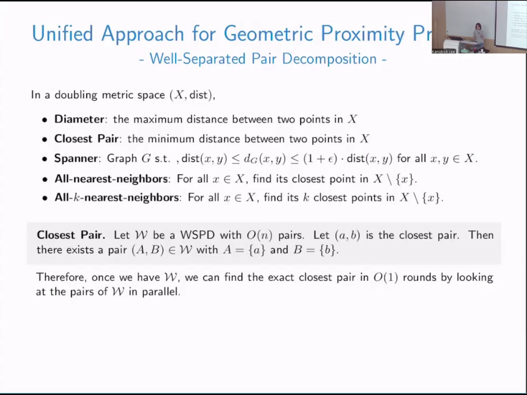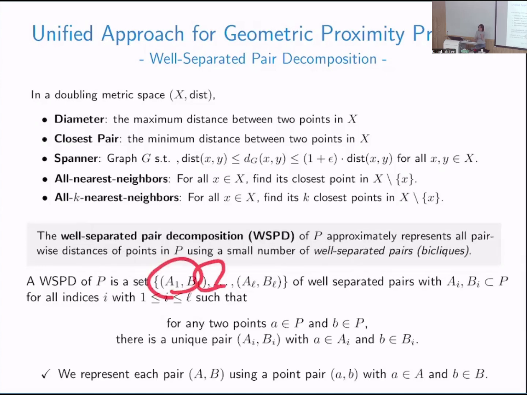More precisely, we have n point pairs. Each point pair represents one of the L well-separated pairs.